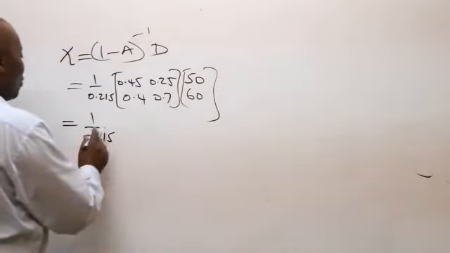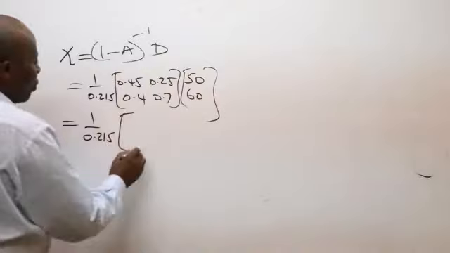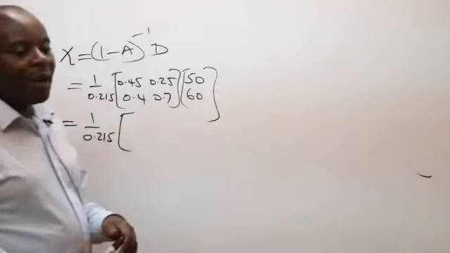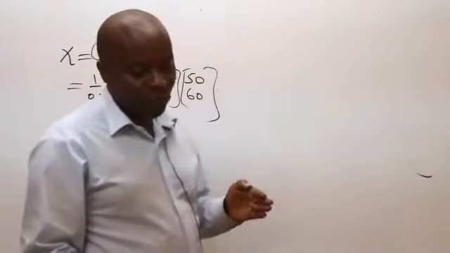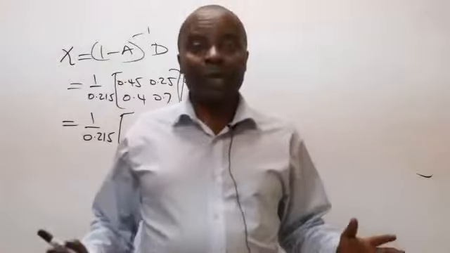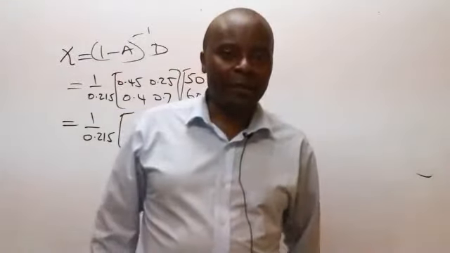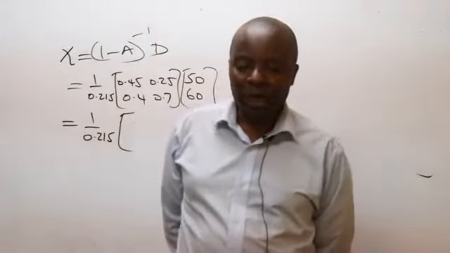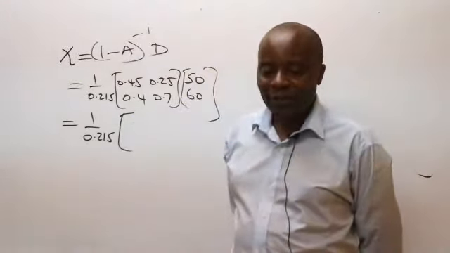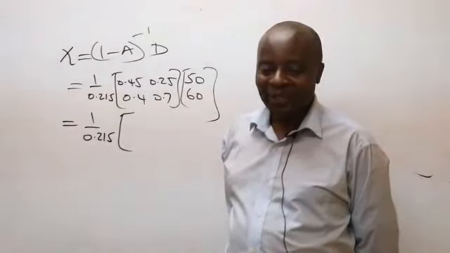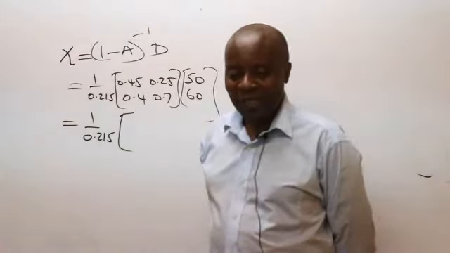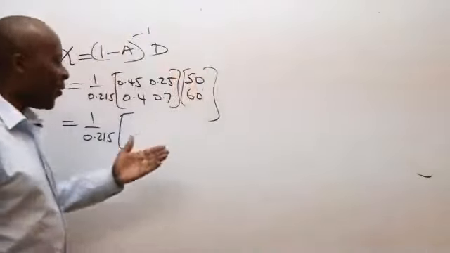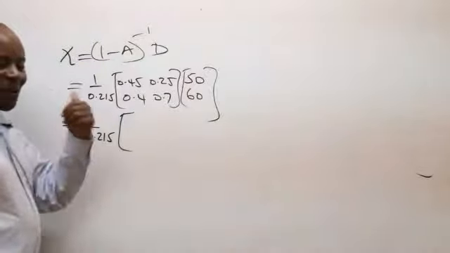So we have 1 over 0.215 into the multiplied matrices. Is there anybody who can remind us the major concept of matrix multiplication? When somebody tells you to multiply two matrices, what comes to your mind? Row times column, thank you very much.